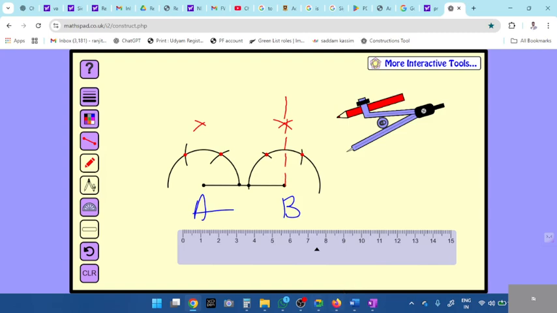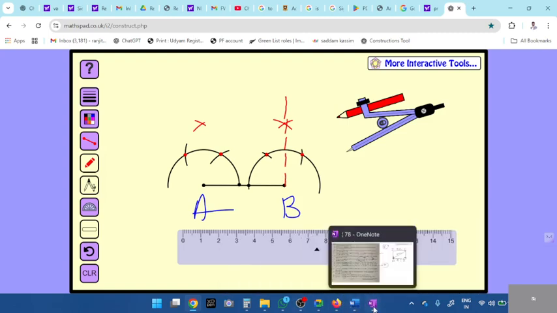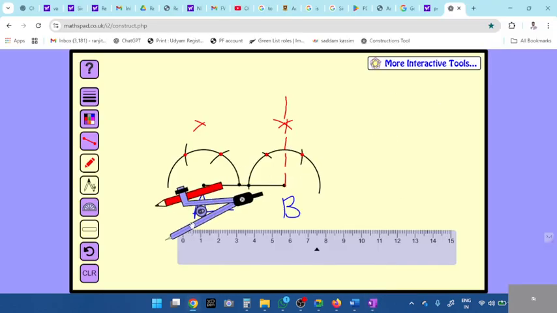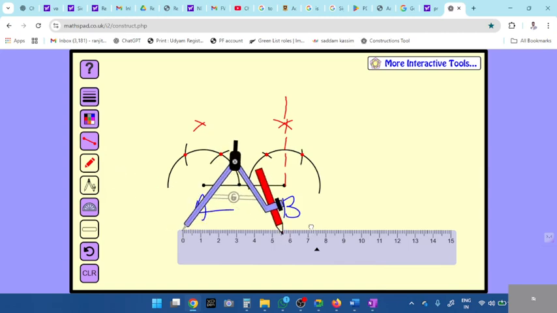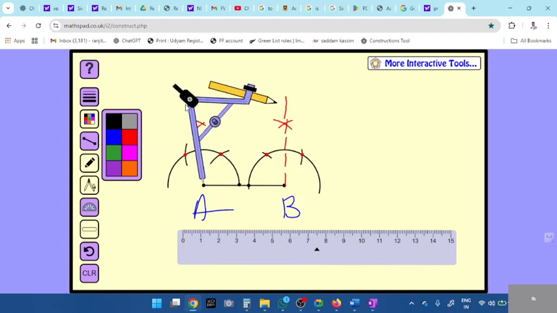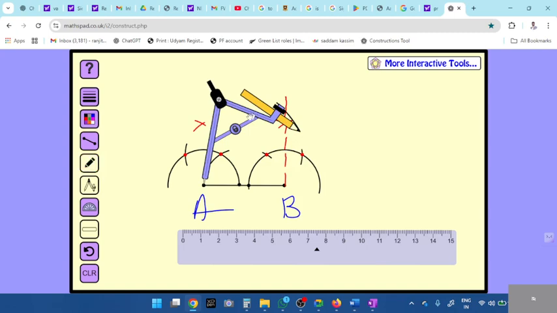Now, from A to C, what is the distance from A to C, students? A to C is 6 centimeters, right? Take 6 centimeters, cut an arc from A to C. Can you see it?